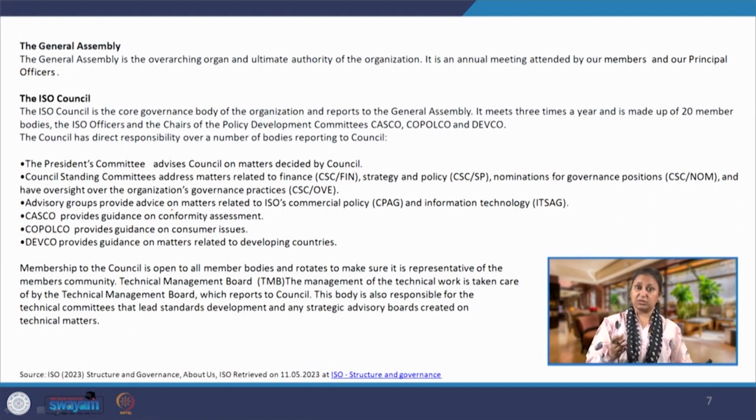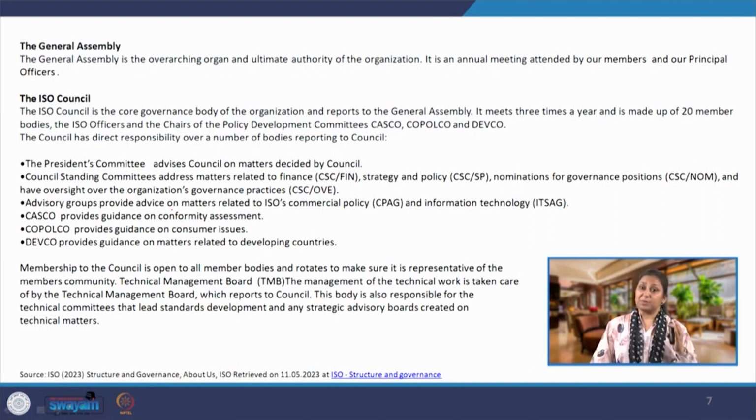So, we have to clearly keep in mind that ISO does not just give standards on specific technical subjects, but it covers a wide range of commercial matters also, and it is largely responsible for enabling fair trade in the world. So, they provide guidance on consumer issues, and DEVCO provides guidance on matters related to developing countries.